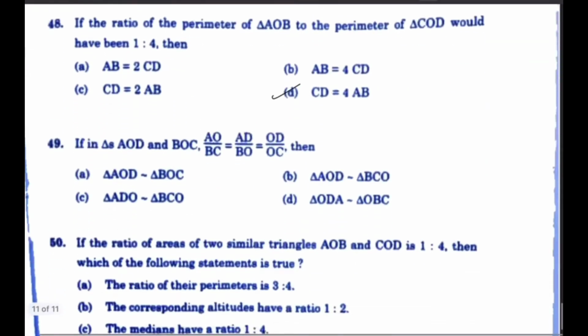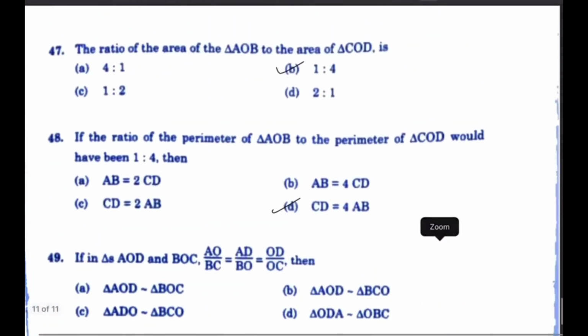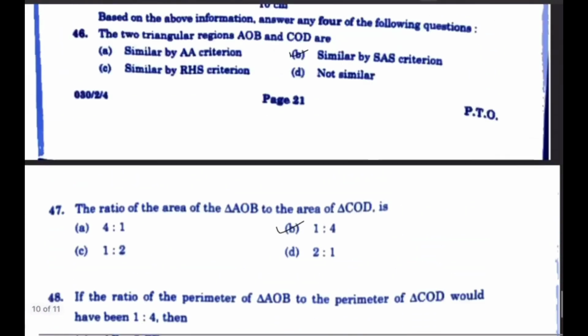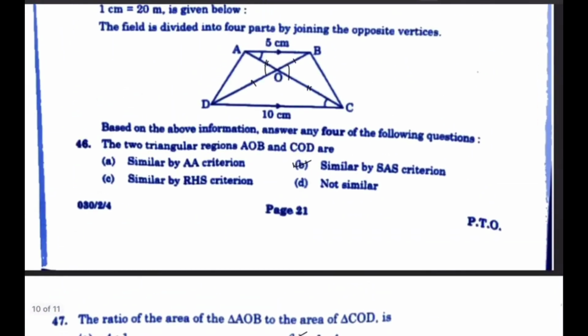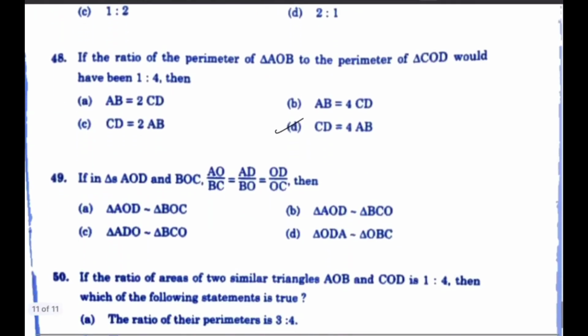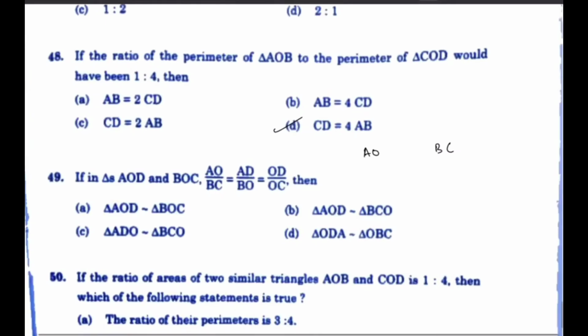Okay. If in triangles AOD and BOC, what they're saying is AO by BC. Okay, this is a corresponding parts question. So what they are saying is AO by BC has to be AD by BO and OD by OC.